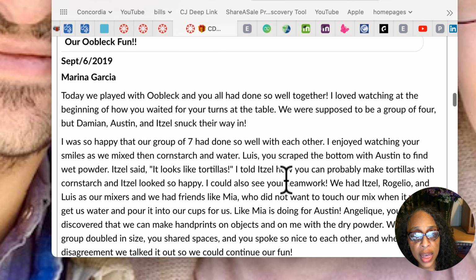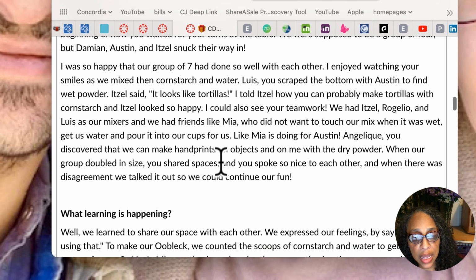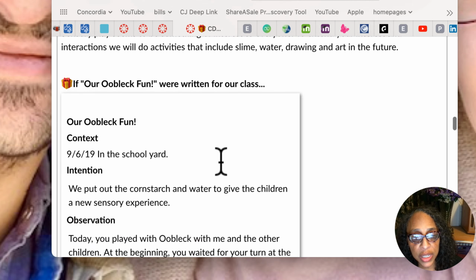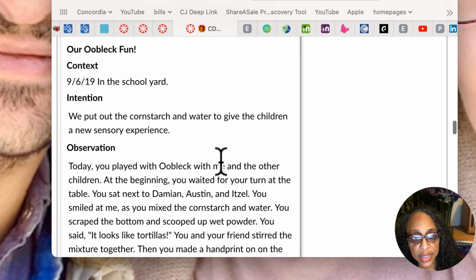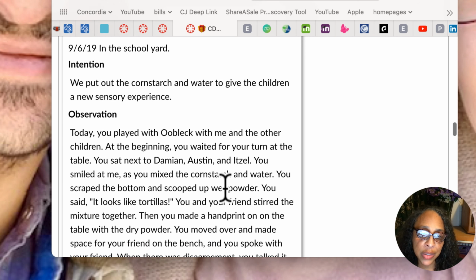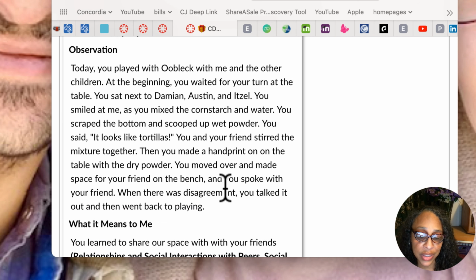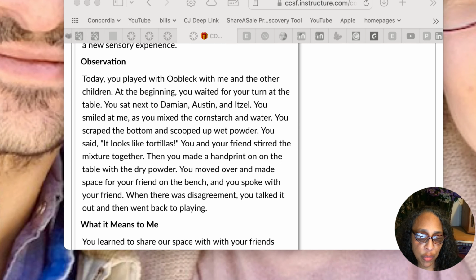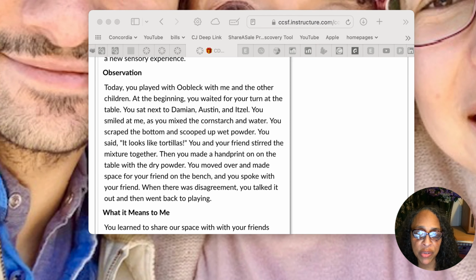I have it here how it was printed, and then I switched it into our format so you can see the difference. This is what it would look like if someone was using that for our class. It's the same learning story in a format to be an assignment for this class.